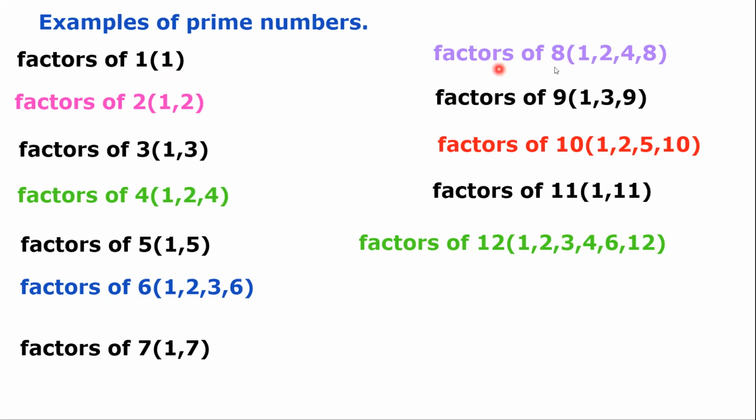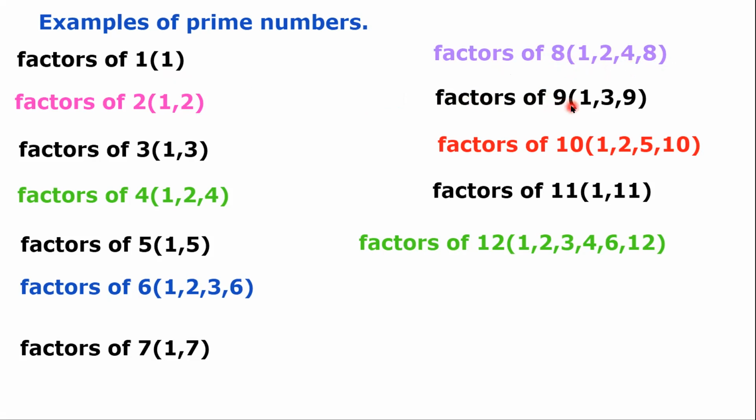The numbers that can divide 8 equally are 1, 2, 4, and 8. They are more than 2, so 8 can never be a prime number. So 8 is a composite number because it has more than two factors.